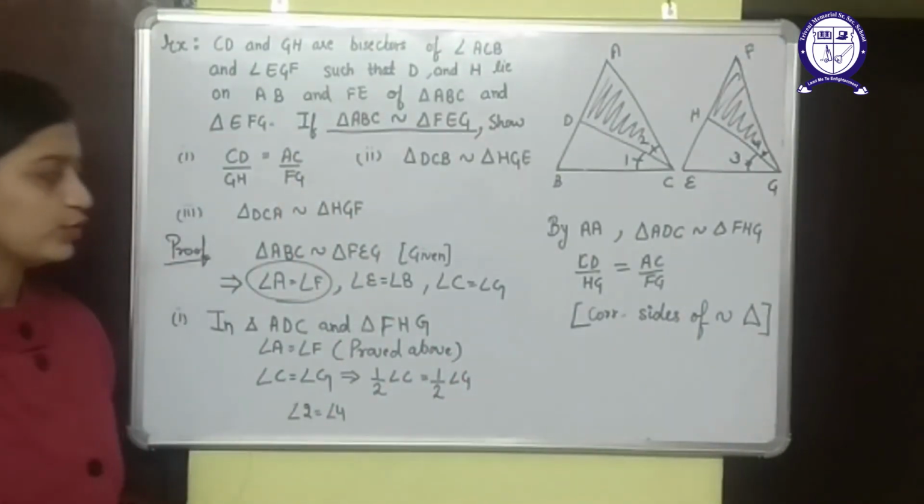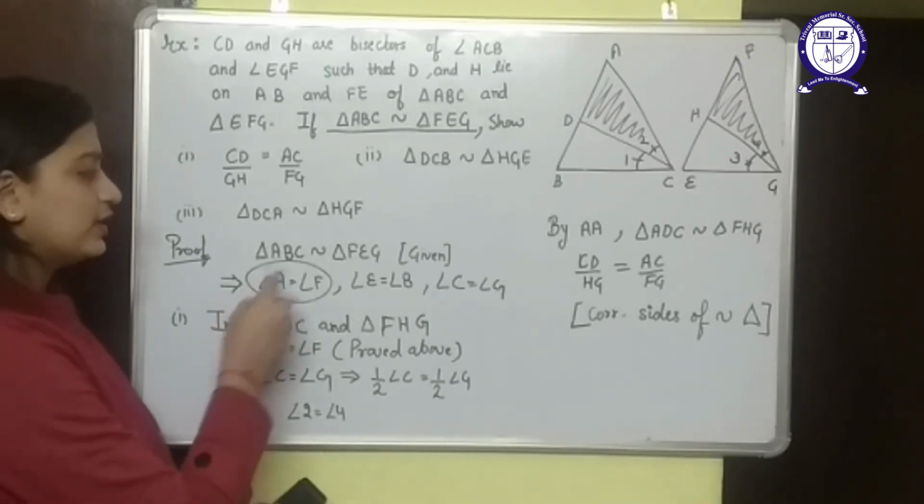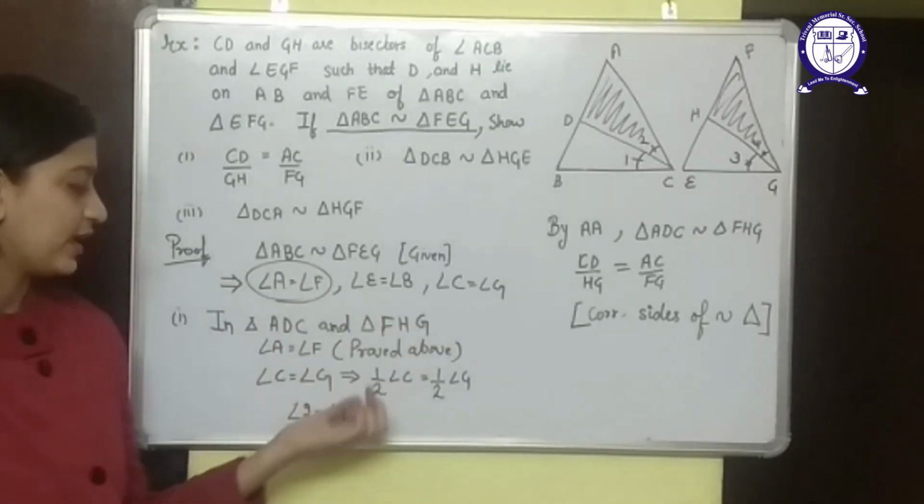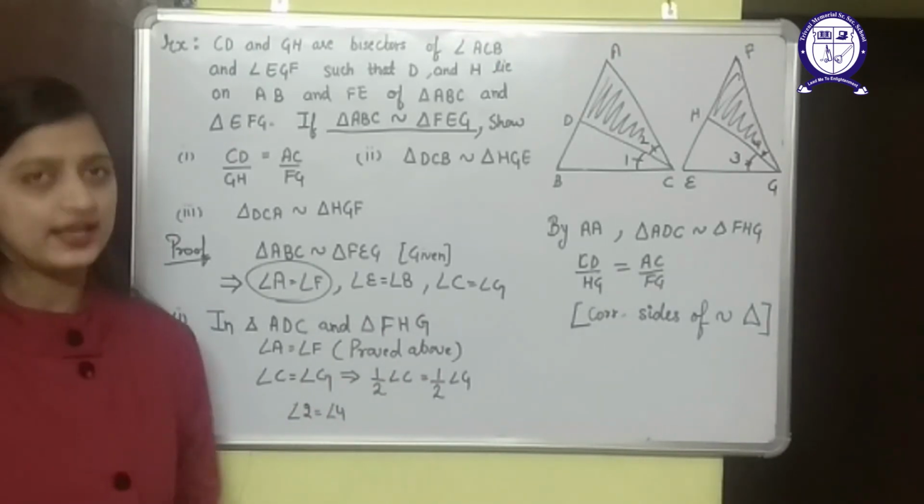Okay, and this is the proof of the first part. We use the result that if two triangles are similar, their angles will be equal. And secondly, I use the result of bisectors.